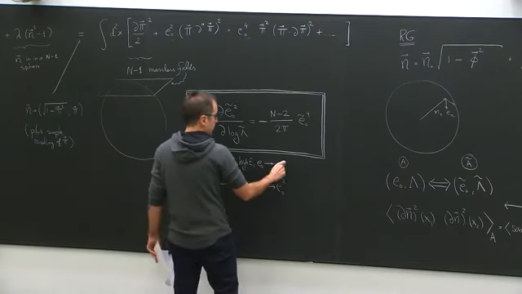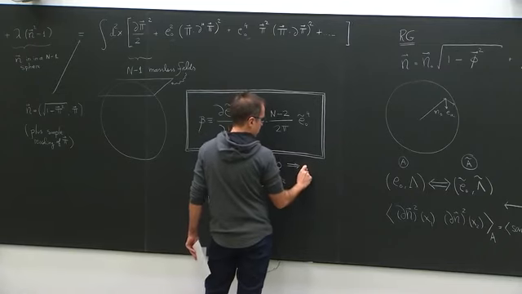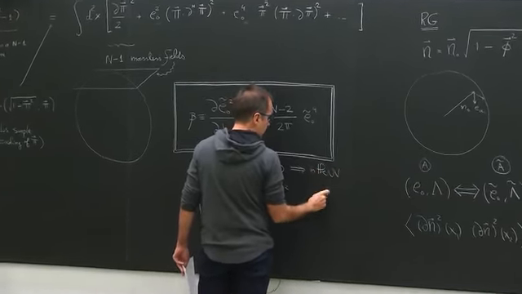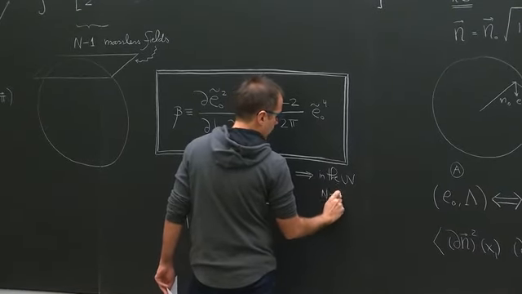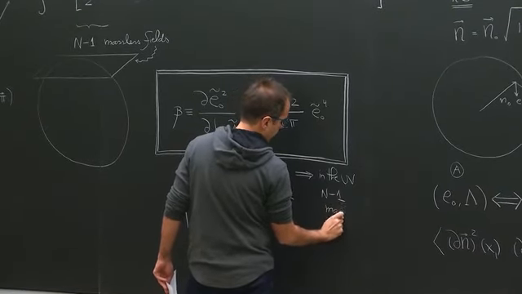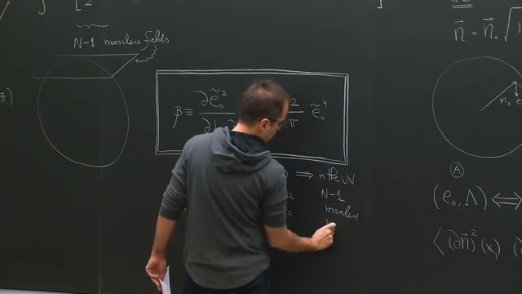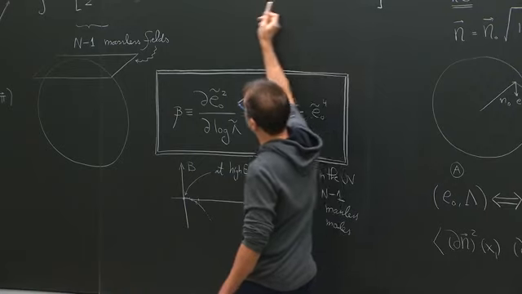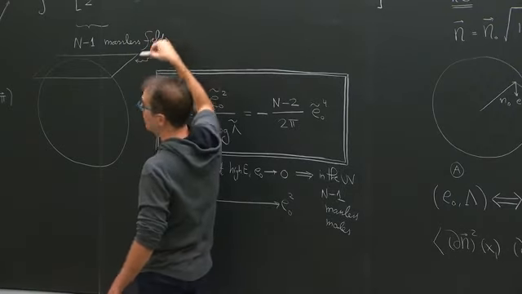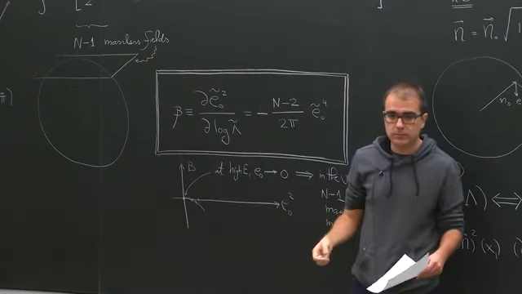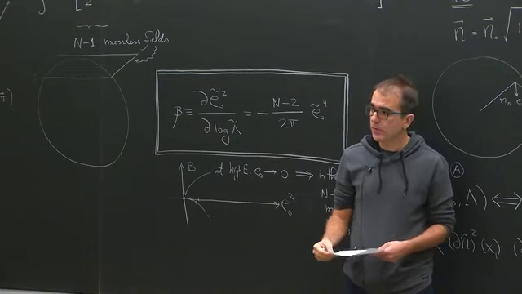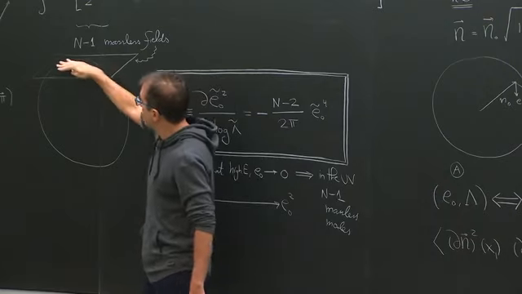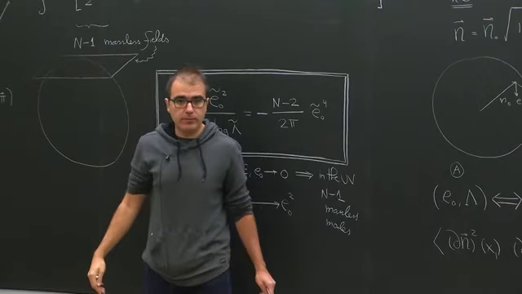And that would mean that in the UV, we have N minus 1 massless modes. In other words, in the UV, the coupling is very small. I can drop all these terms, and I keep N minus 1 massless fields. Right? In other words, in the UV, it's fine to expand around the North Pole.